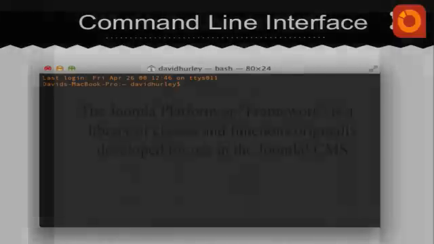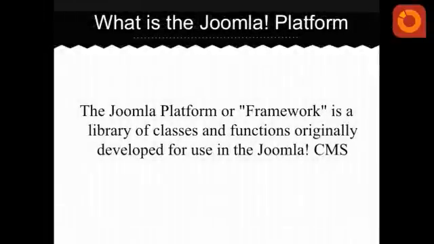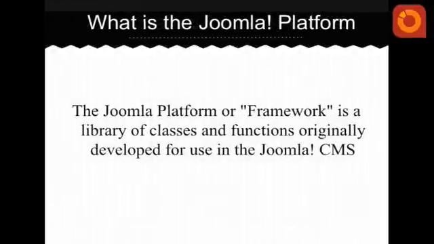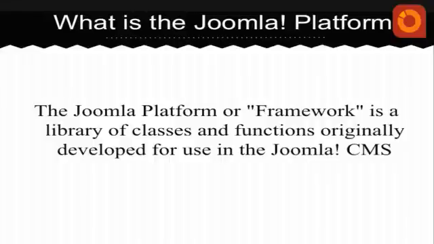So what is the Joomla platform? The Joomla platform, or framework, is a library of classes and functions originally developed for the use in the CMS. So let me talk for a second here. There is a terminology change that's beginning to take place. Originally, we referred to it as the Joomla platform.